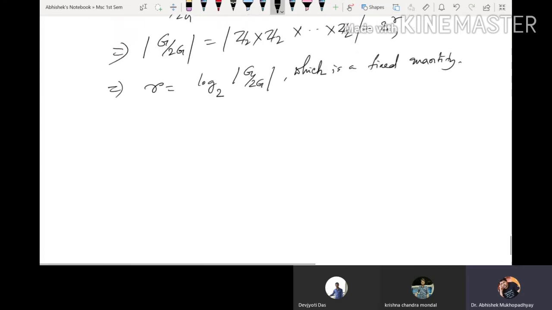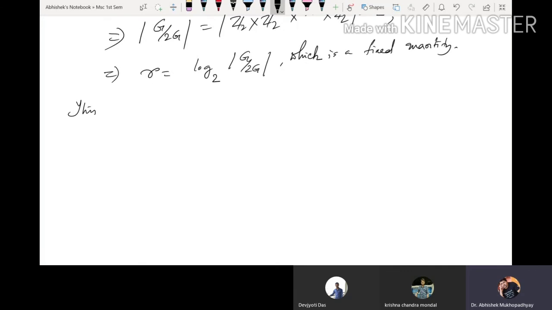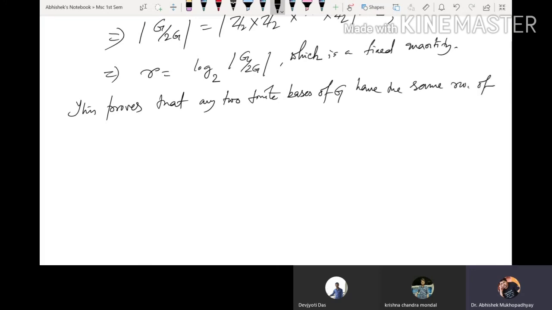So any two bases, so this proves that any two finite bases of G have the same number of elements.